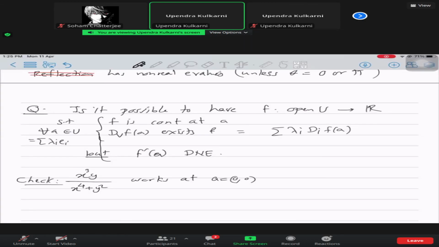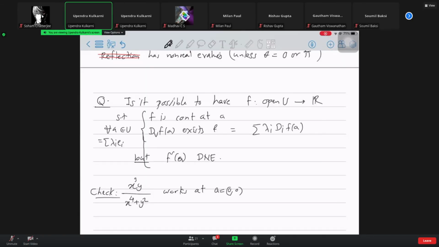Some partial derivative will have to be discontinuous. I want this to happen in an open set. So this function somehow has to be bad everywhere in some way. Oh, DNE means does not exist.